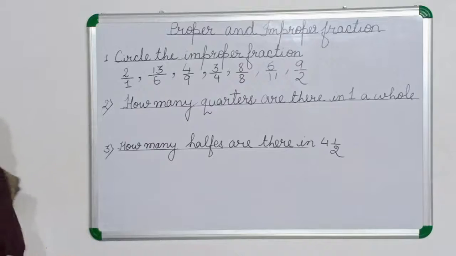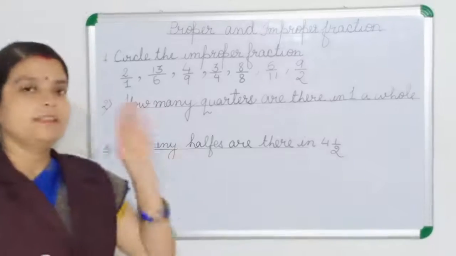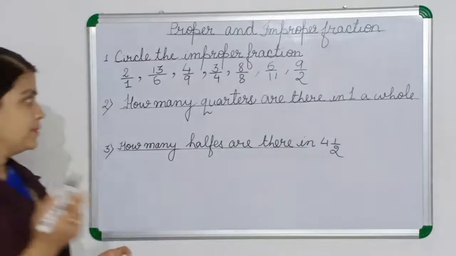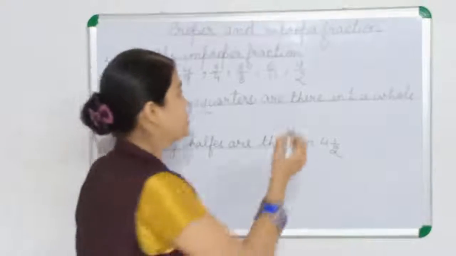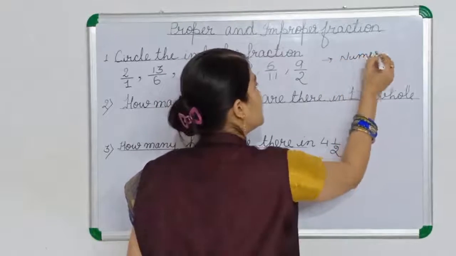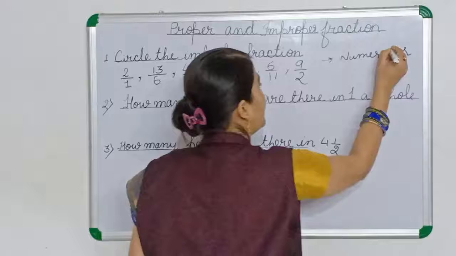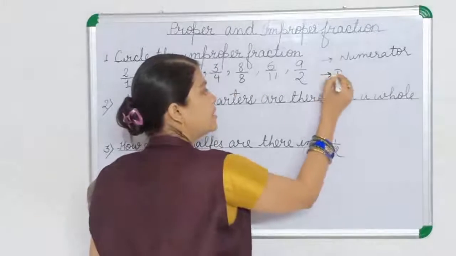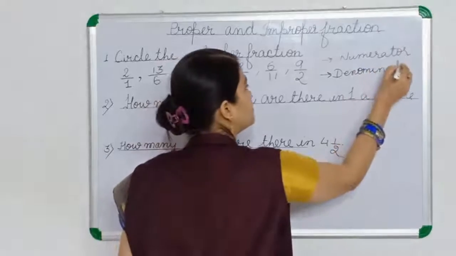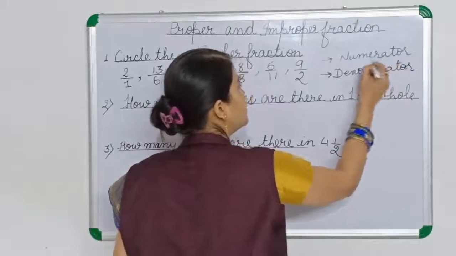Otherwise, children, please remember this. A fraction has two parts, numerator and denominator. The up part is known as the numerator, and D for down is known as the denominator. Okay.